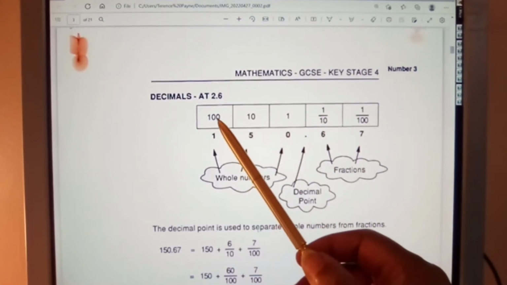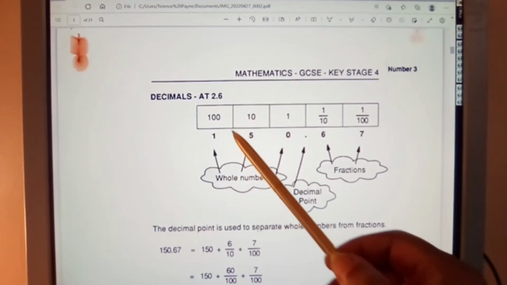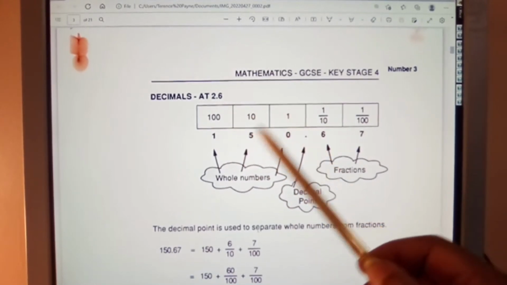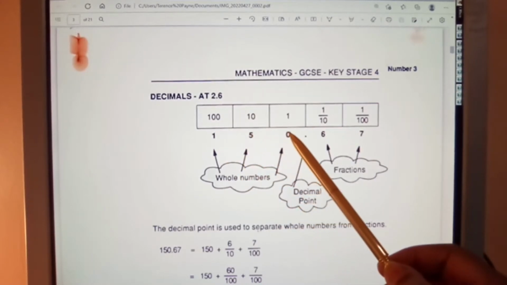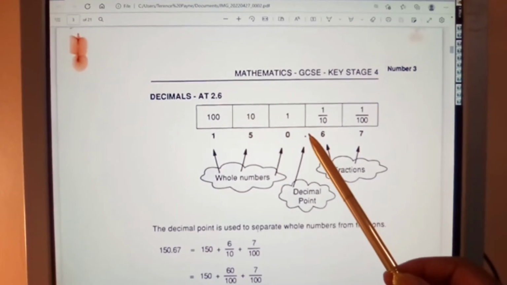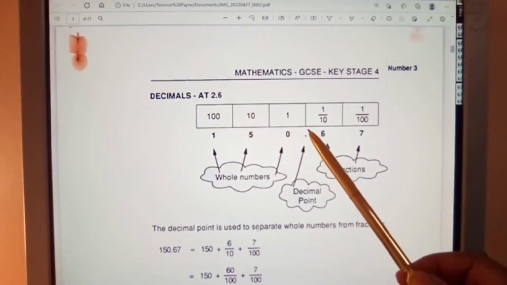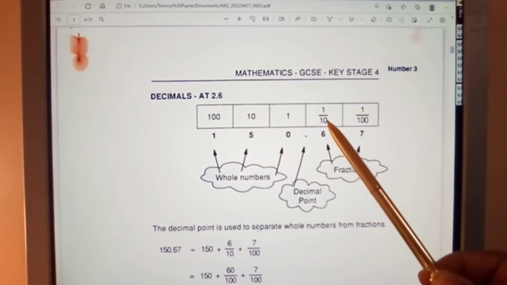Here we have whole numbers, 100, 10, and 1. So here we have 150. That means 150. But now we're going to put a decimal point because we want to bring in a fraction, or parts of a given number.